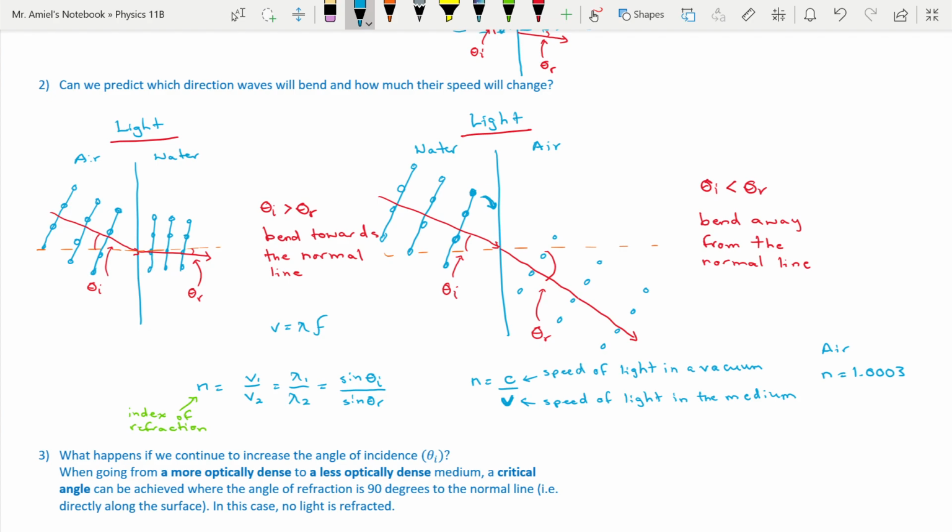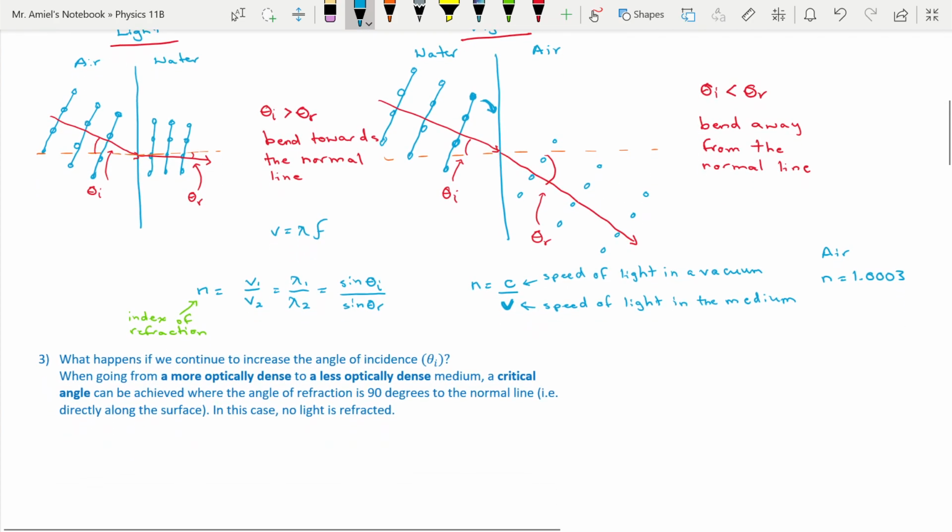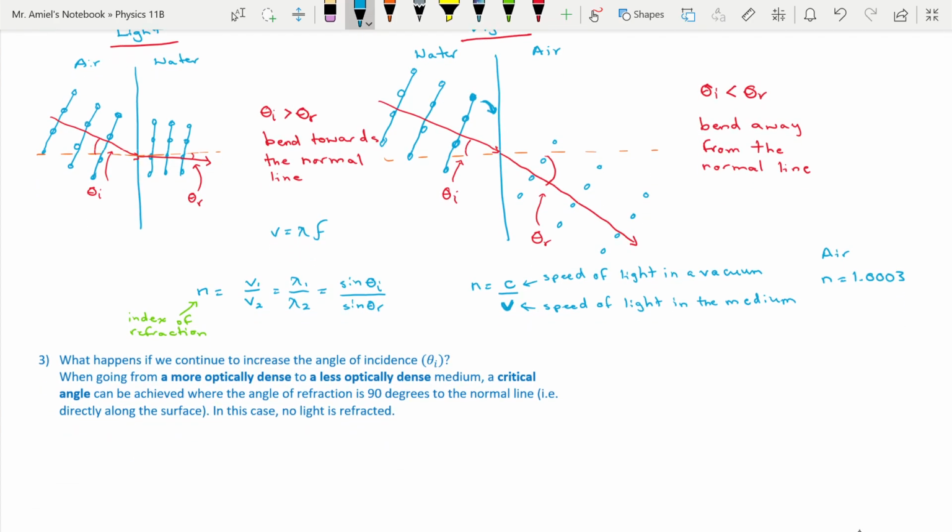And in some of the questions, you'll get an index of refraction or a table of indices of refraction that you have to use to solve some problems. But this is what we're figuring out. We want to know how much slower, so in this equation we're figuring out what fraction the speed of light in the object is versus the speed of light in a vacuum.